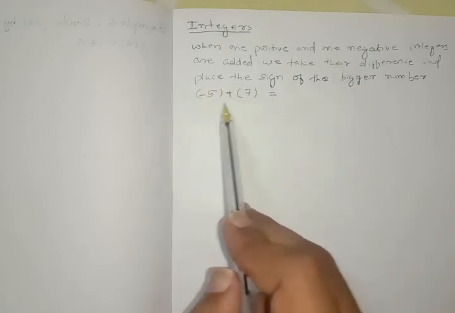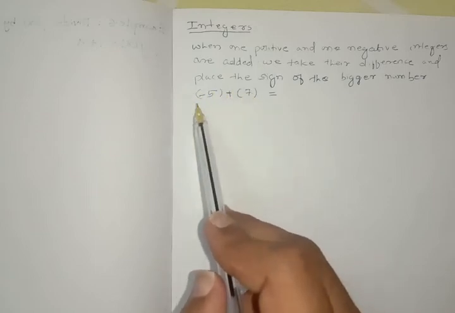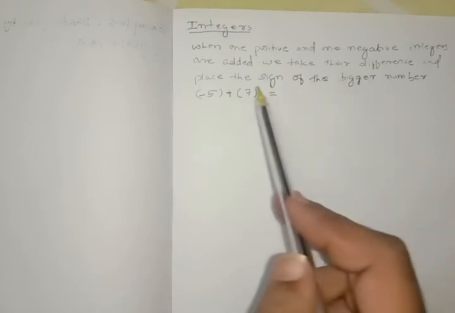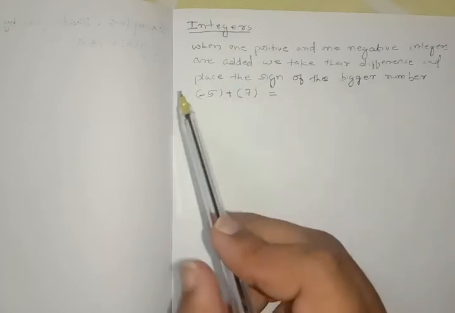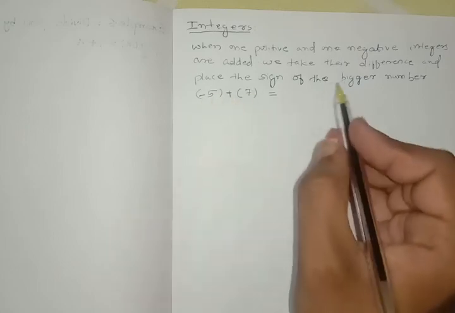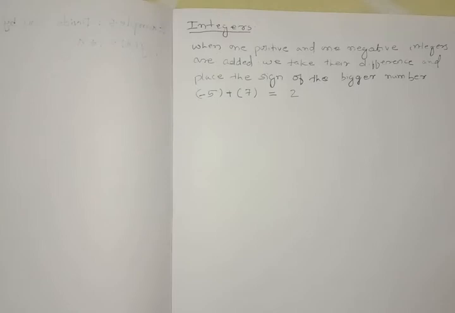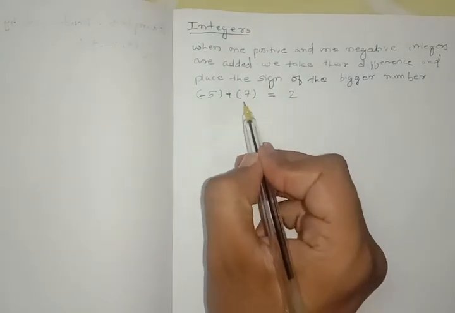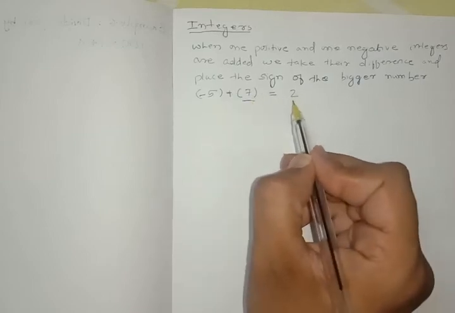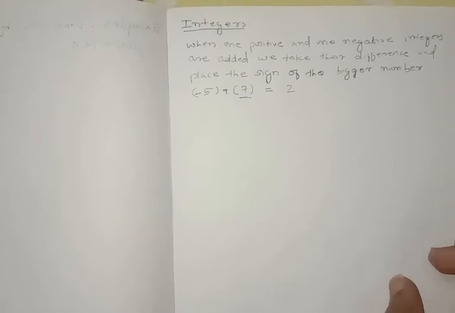Means we have to subtract. We have to find the difference of these two numbers and place the sign of the bigger number. Now 7 minus 5 is 2. What is the bigger number? Bigger number is 7. Its sign is plus. So answer will be plus 2, students.